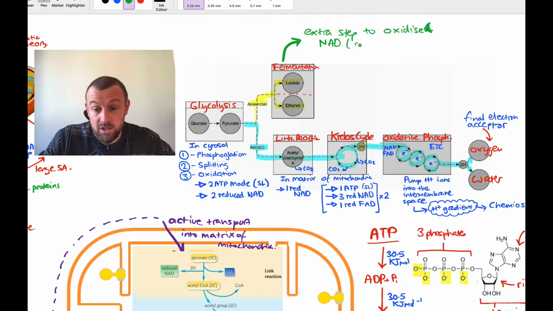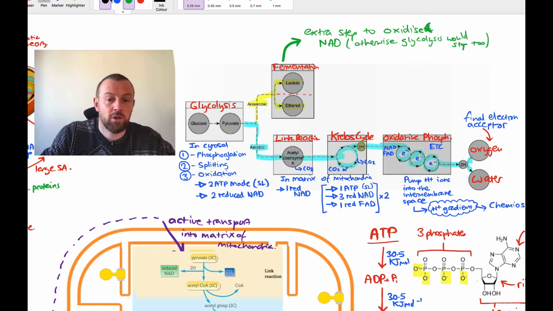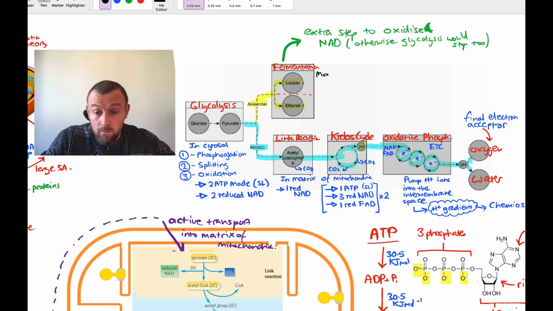We could put brackets, otherwise glycolysis would stop too. Okay, so what are the two different ways? Well, lactate fermentation occurs in mammals, and ethanol fermentation occurs in yeast and plants.